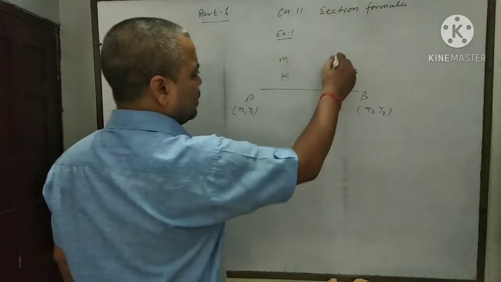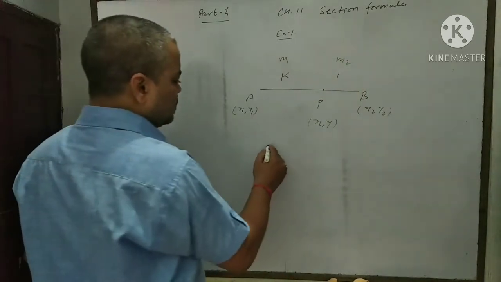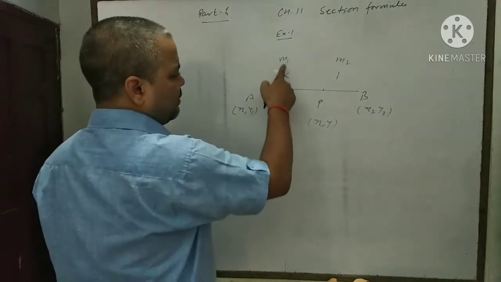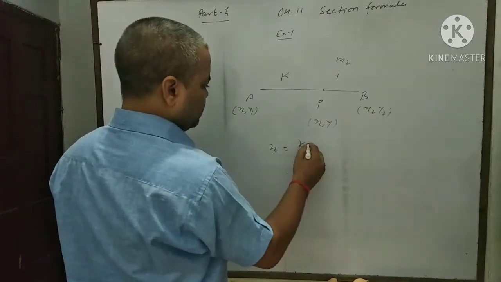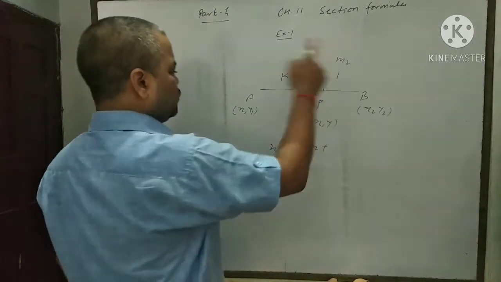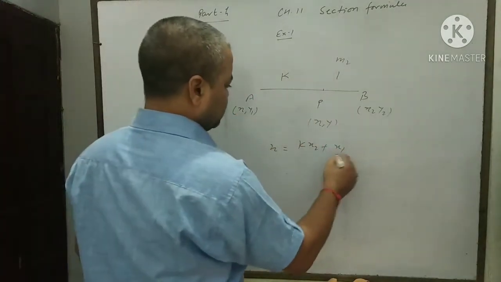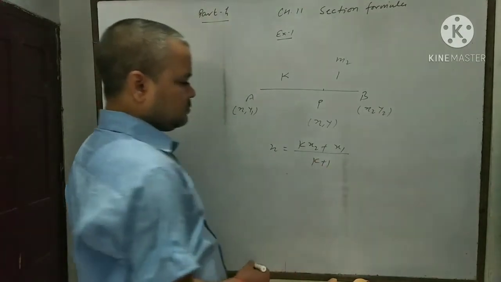Let this be M1 and this be M2. Then the x coordinate is equal to M1 x2, and what is M1? K, so K x2, plus M2 x1. M2 means 1, so 1 into x1 will be x1, upon M1 plus M2, which means K plus 1.